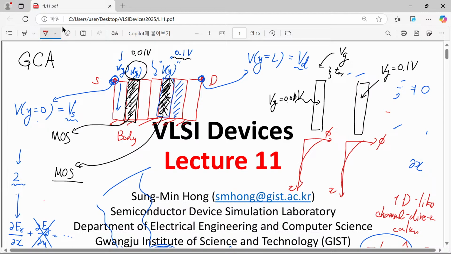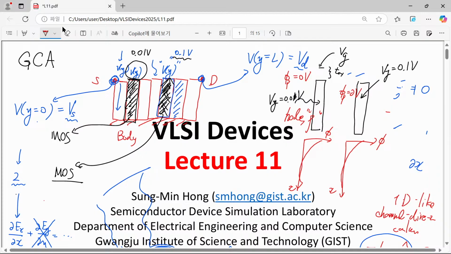What we can expect is, in terms of our hole profile, hole P, they will show the exact same hole profile because they share the same hole quasi-Fermi potential.